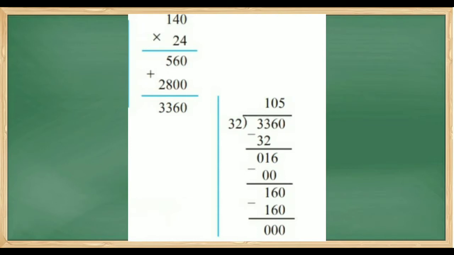Going ahead, to find out how many rows were planted with 32 seedlings in each row, we shall divide 3360 by 32, on doing which we get the quotient 105. Therefore, the number of rows is 105.